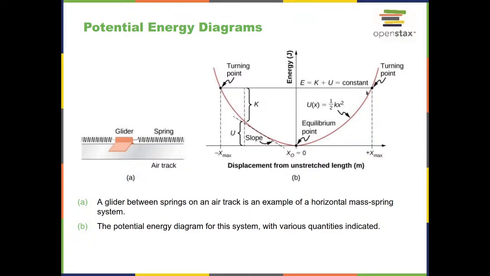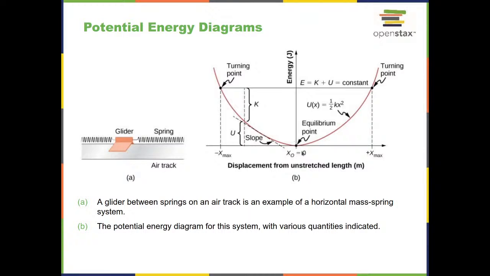So those are the turning points. That's where the total energy is equal to the potential energy, where the total energy horizontal line crosses the potential energy curve.